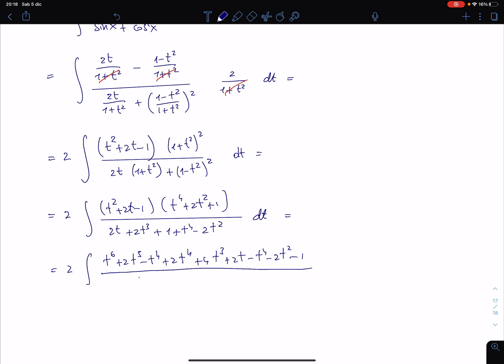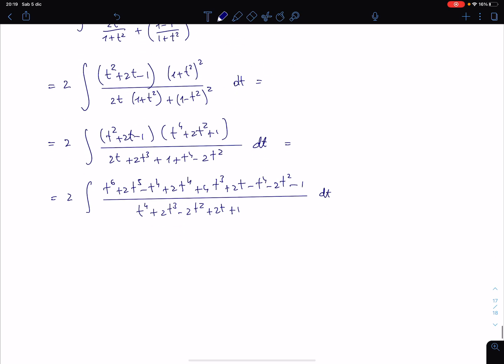And here a denominator, just order the terms, t4 plus 2t3 minus 2t squared plus 2t plus 1, and this is all dt. I hope this is correct, just check it.